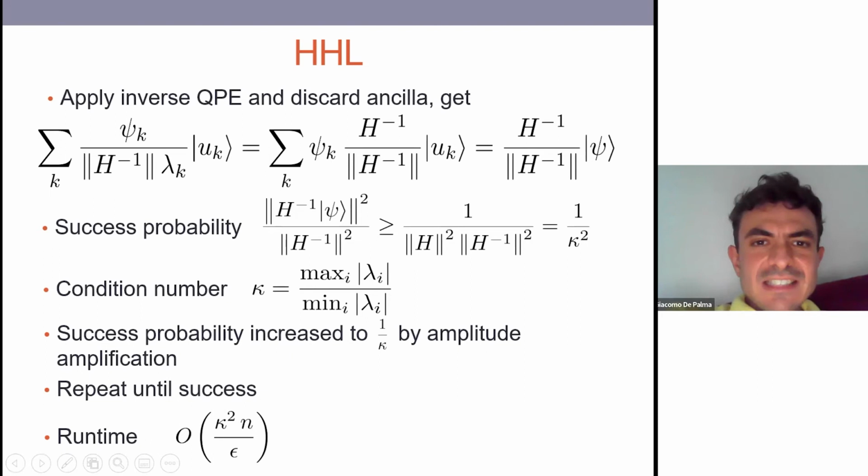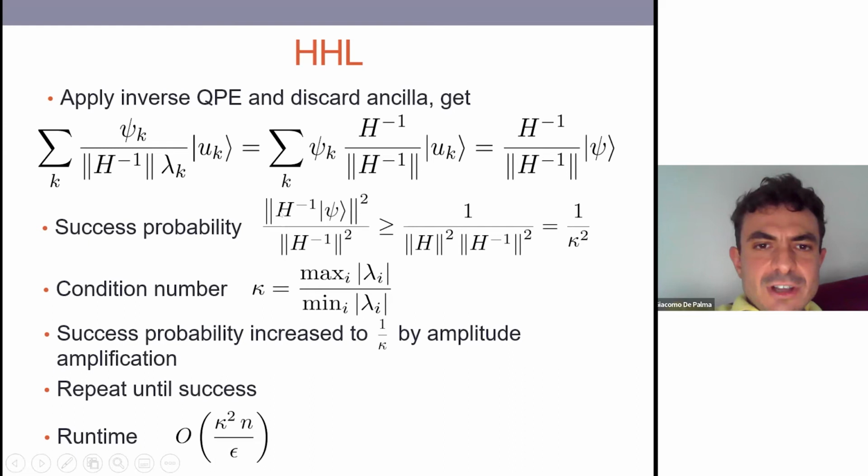So what's the success probability of this? The success probability will be the square norm of this state. And of course, the fact that the success probability is not 1 depends entirely on the post-selection that we have made.